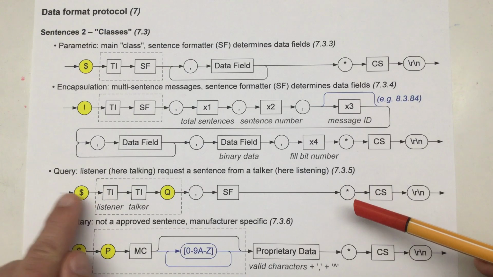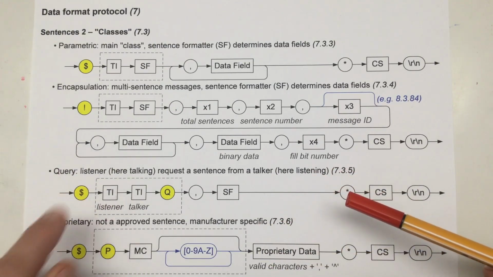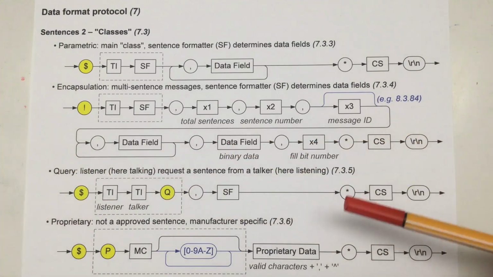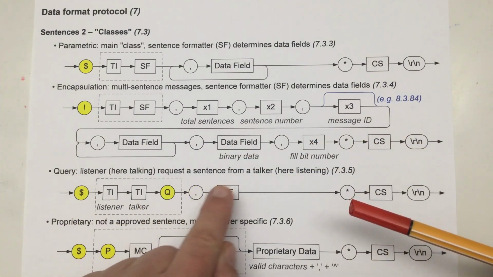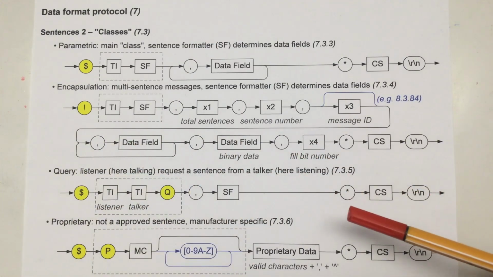Third, we have the query sentences, which are much simpler. So their purpose is that a listener, which is talking here, can request a specific sentence from a talker, which is listening in that case.